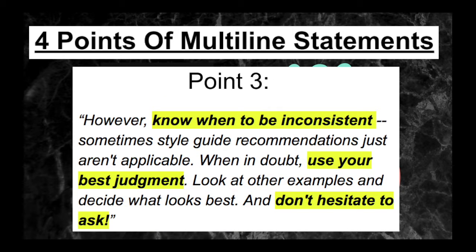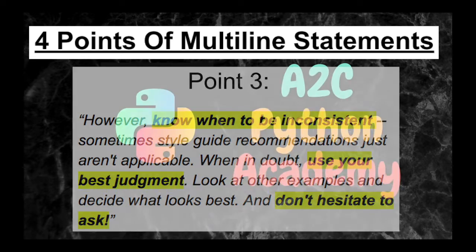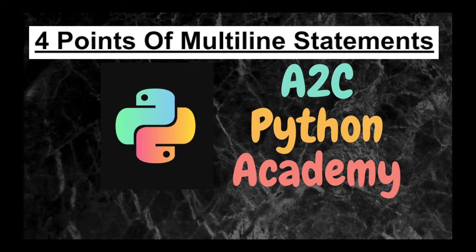Sometimes style guide recommendations just aren't applicable. When in doubt, use your best judgment, look at other examples, and decide what looks best. And don't hesitate to ask. With this guidance, your Python project will read, review, and upgrade at a much cleaner rate. So if you think about it, this rule helps define the use and purpose of multi-line statements.